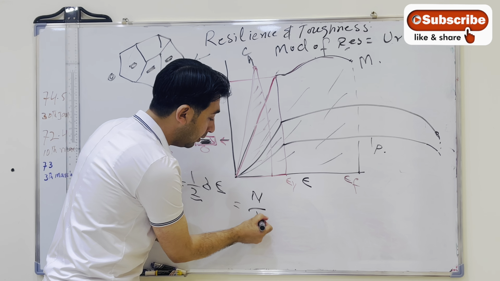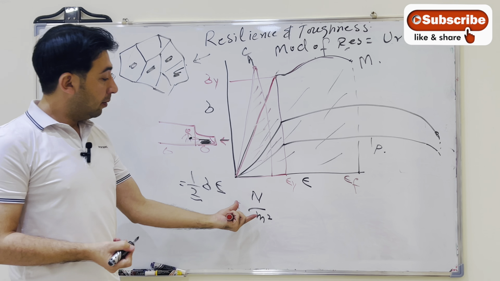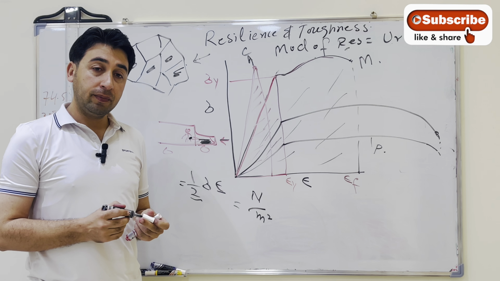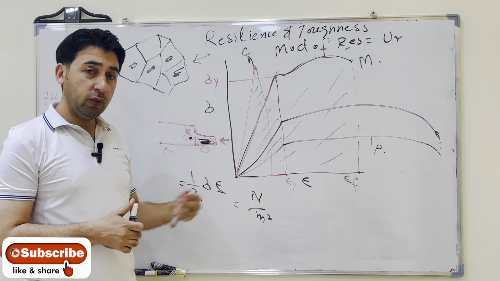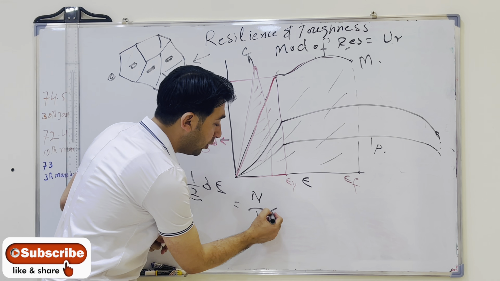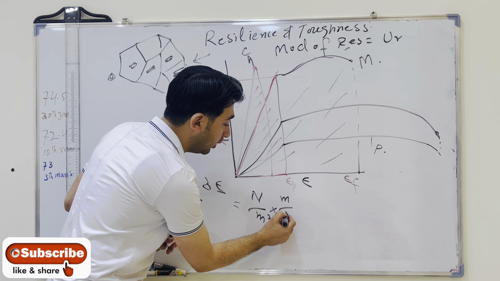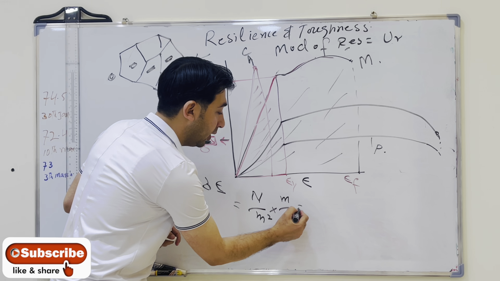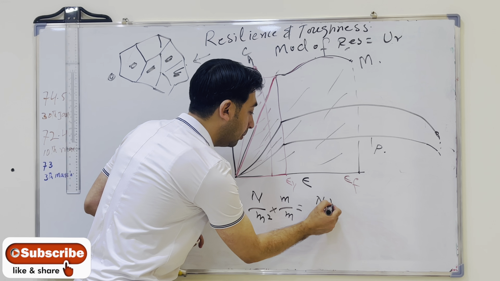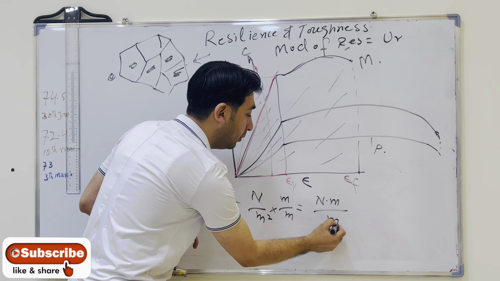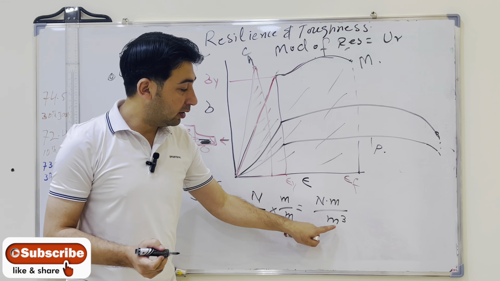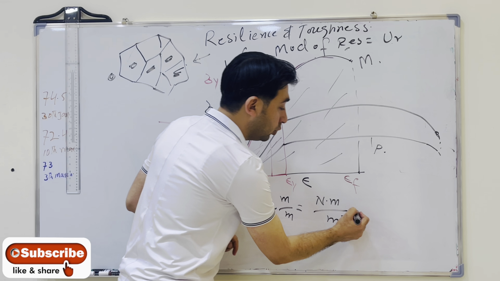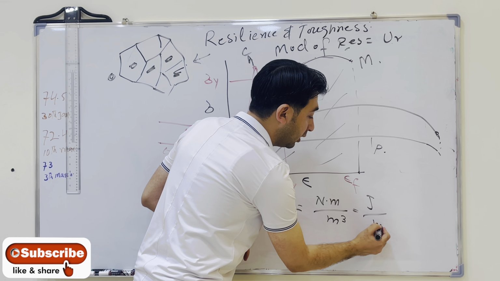Newton per meter square, but Newton per meter square is not energy. So how is this energy then? What we do in that case is multiply this with meter and divide by meter, and we get Newton meter divided by meter cube. Newton meter is what?